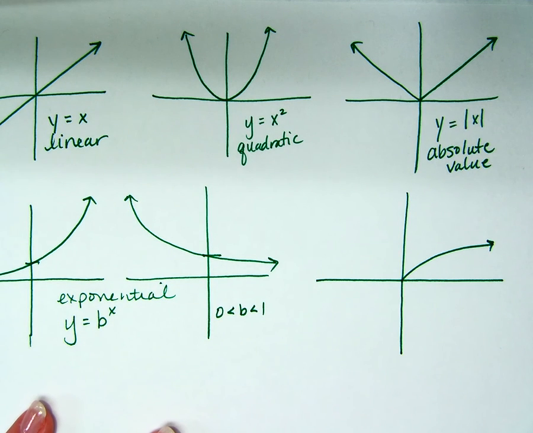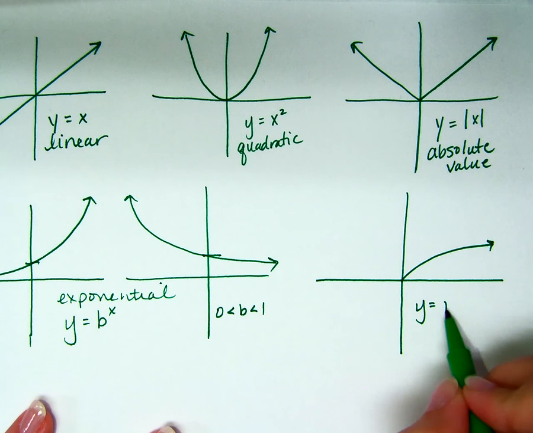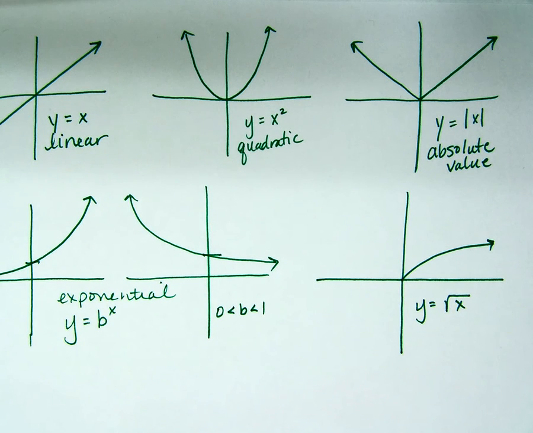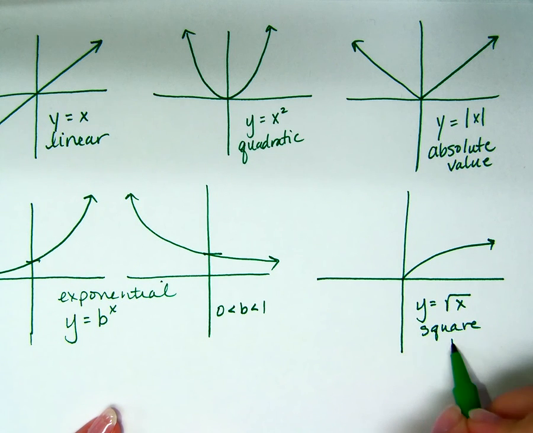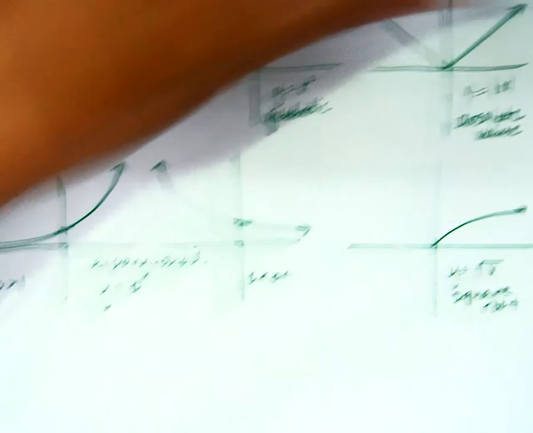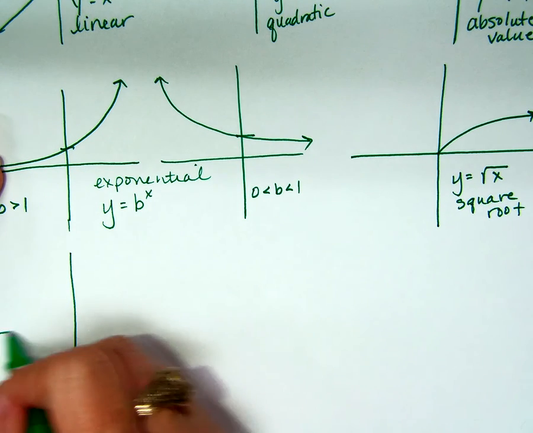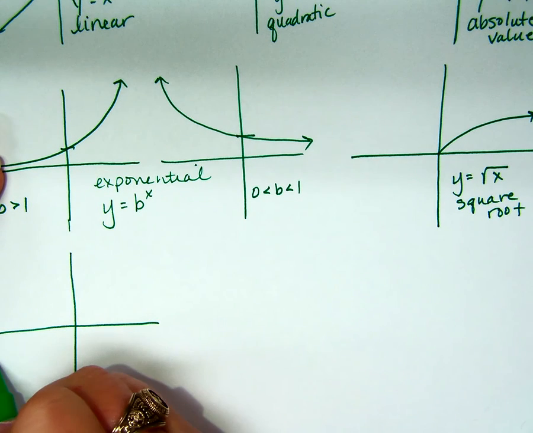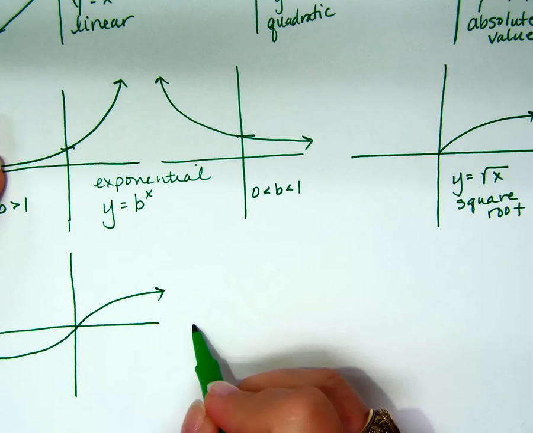Then we had this one. Remember that one? Close. As in, you got the y equals right. It's called square root. We also had this one, and this one.